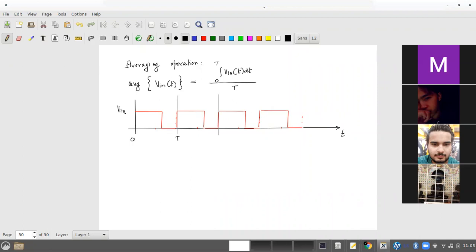Correct? So can you now get the average using our integrator? Using our integrator and some other blocks, can you get the average of a signal? How would I get that?